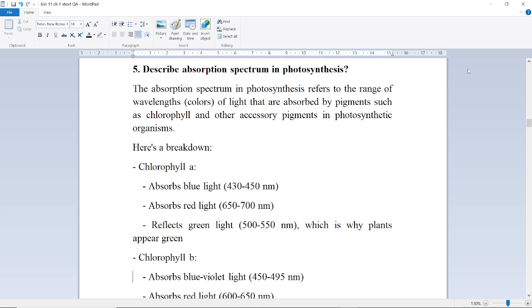The absorption spectrum in photosynthesis refers to the range of wavelengths, colors of light, that are absorbed by pigments such as chlorophyll and other accessory pigments in photosynthetic organisms. Here's a breakdown. Chlorophyll A absorbs blue light (430 to 450 nanometer), absorbs red light (650 to 700 nanometer), and reflects green light (500 to 550 nanometer), which is why plants appear green.